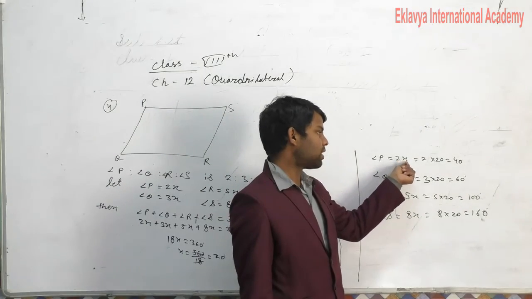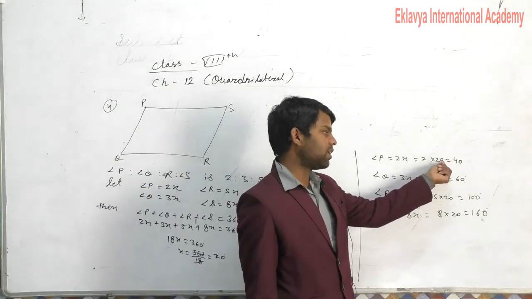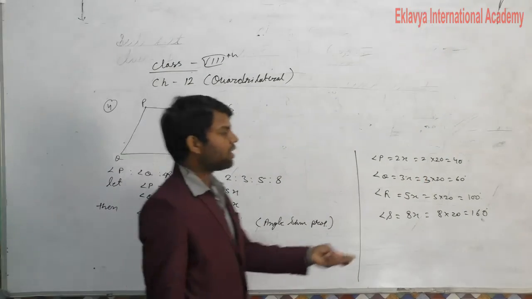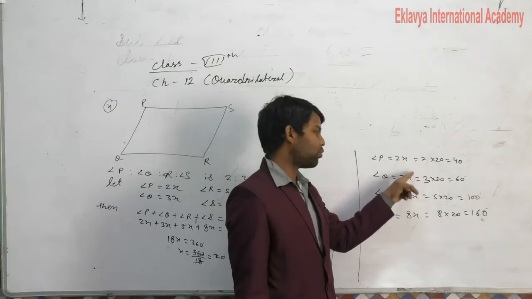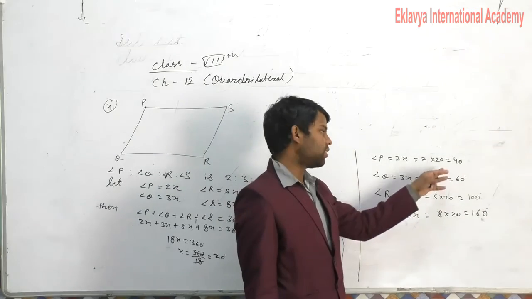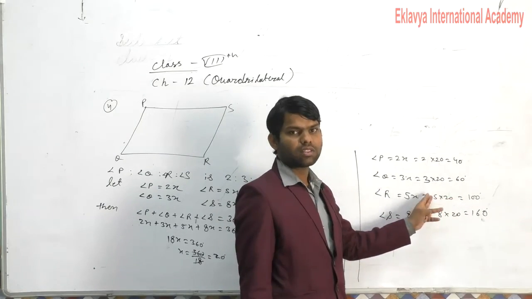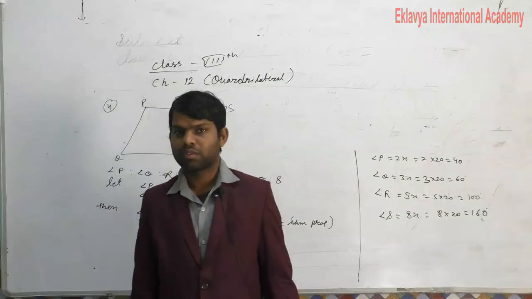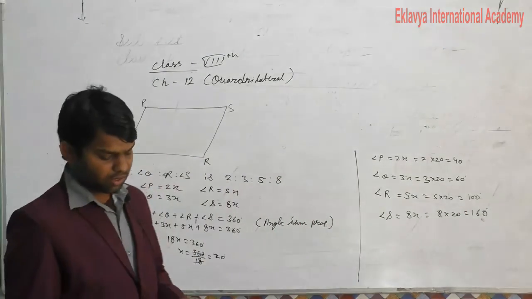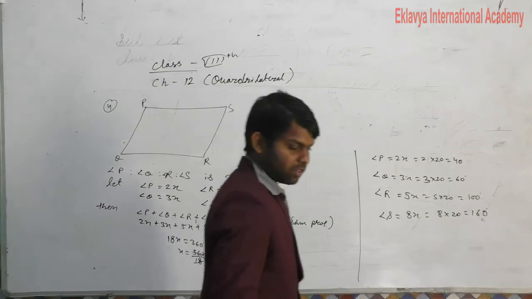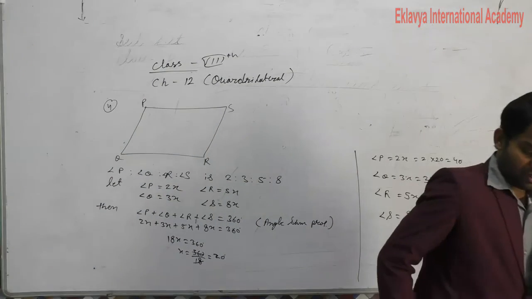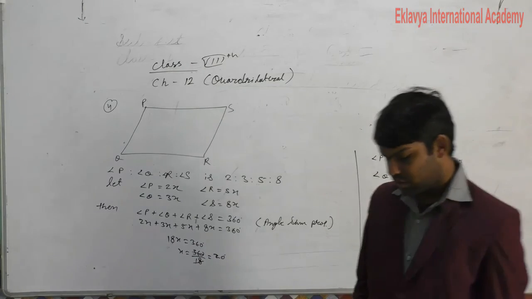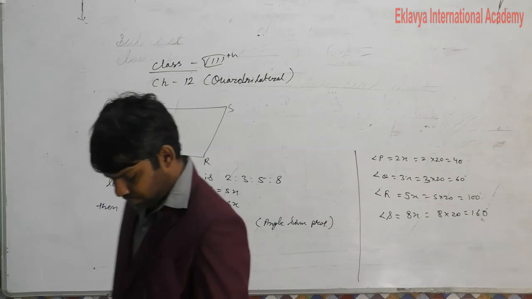So 2 multiplied by x means 2 multiplied by 20, because the value of x is 20. We multiply each and every angle, put the value of x: 2 times 20 is 40, 3 times 20 is 60 and 8 times 20 is 160 degrees. So solve questions 1st to 8th and complete chapter 12 in your practice notebook.